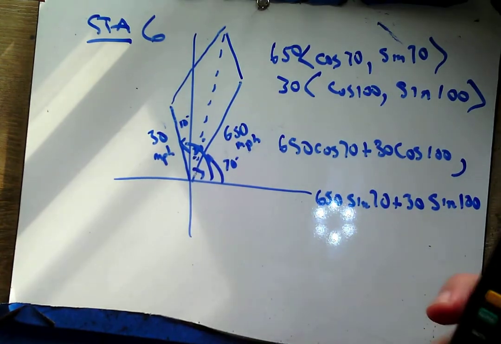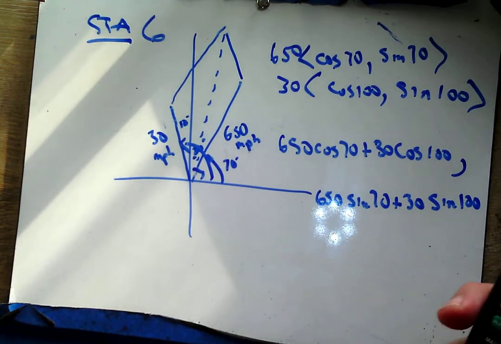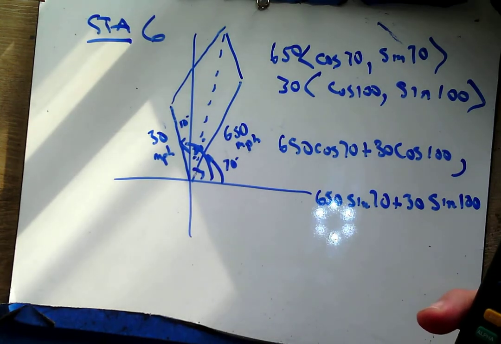Okay, well, let's see what we get. 650 cosine 70, close that parenthesis, plus 30 cosine 100.